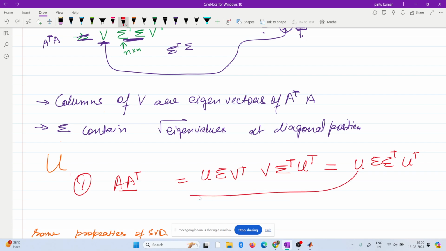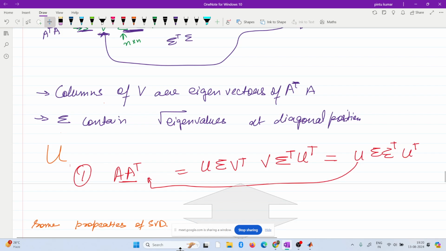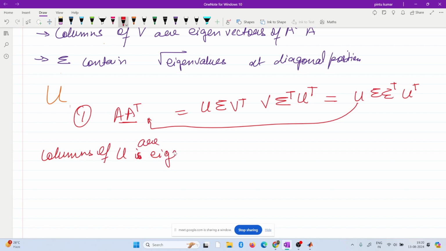So you can see that the columns of U are eigenvectors of A A transpose.